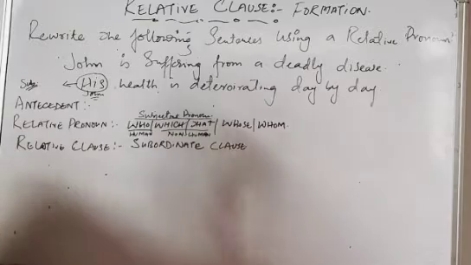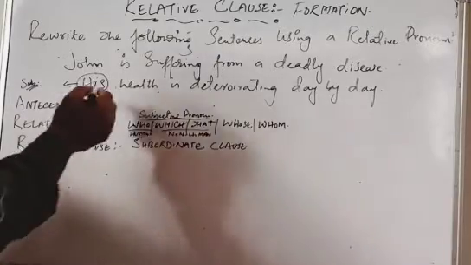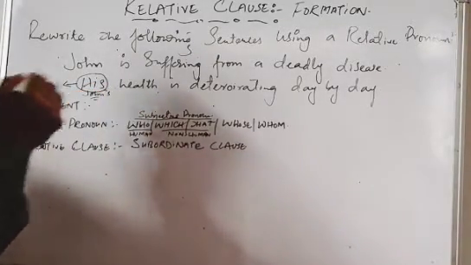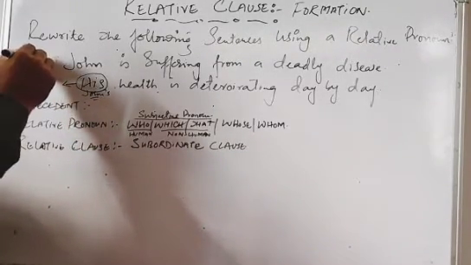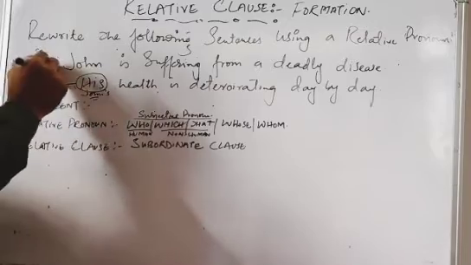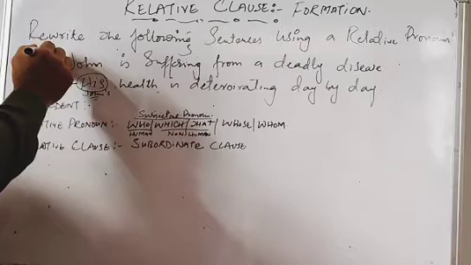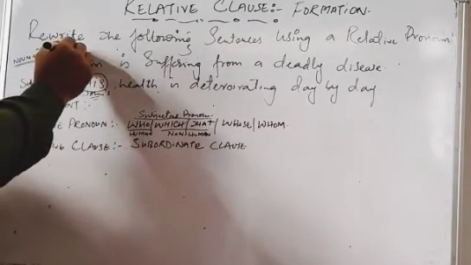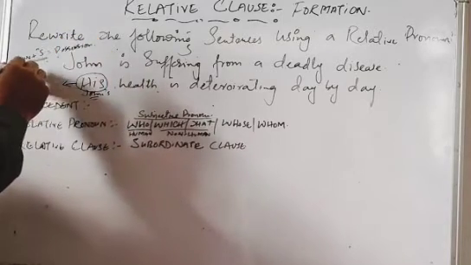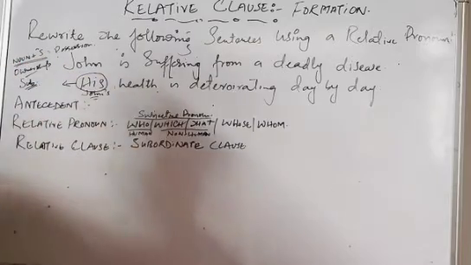What happens? John is suffering from a deadly disease. John's health is deteriorating day by day. We are missing something here. Basically, it should have been John's. So wherever we see a noun plus apostrophe s, it shows us possession, ownership, custody.